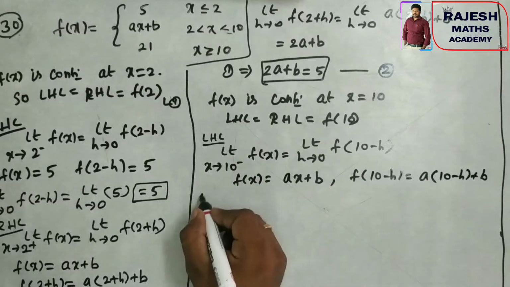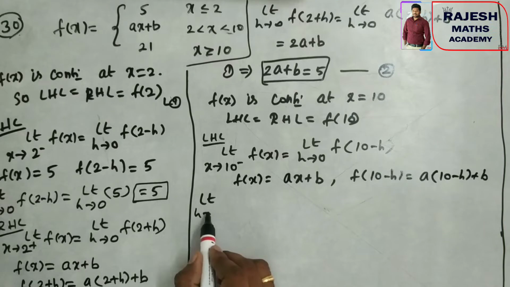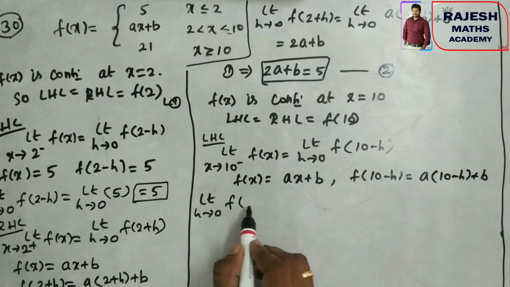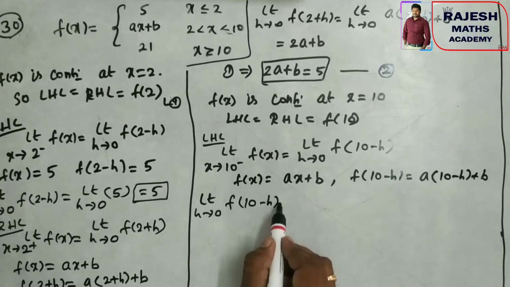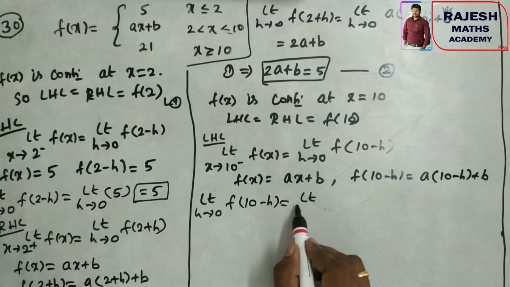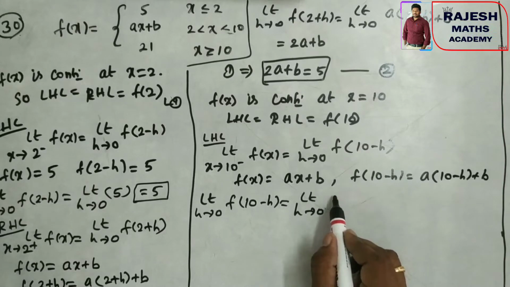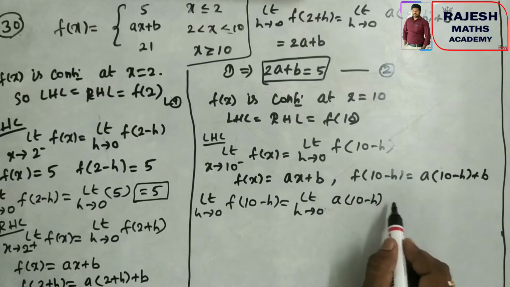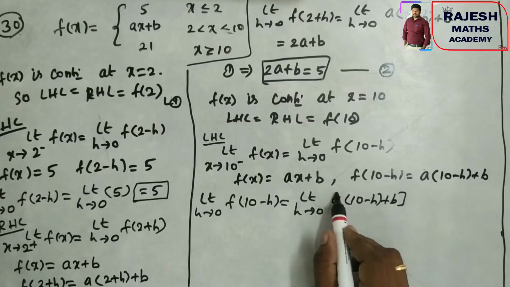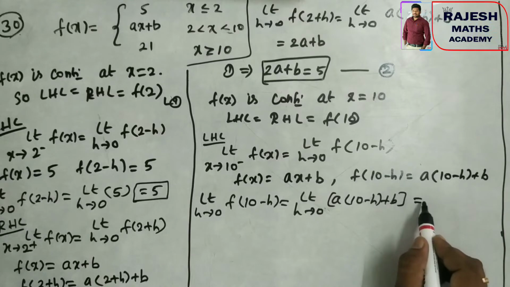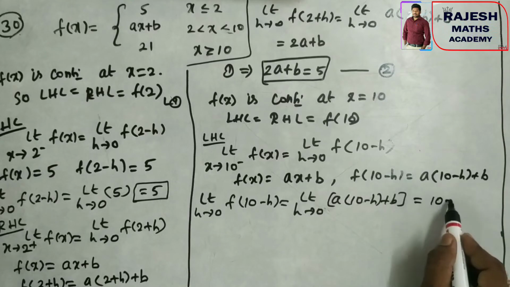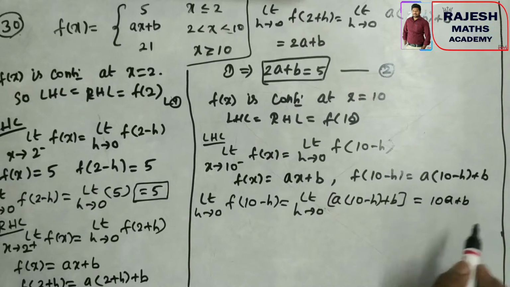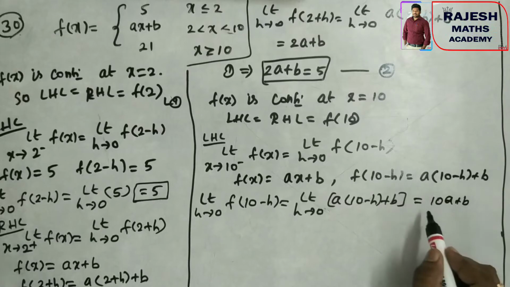Clear? Now apply limit h tends to 0. Applying h equal to 0, what will come? 10a plus b will come. So 10a plus b is my LHL.